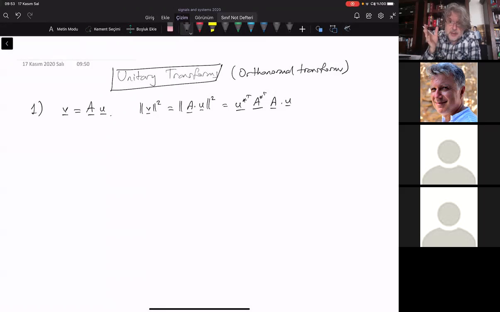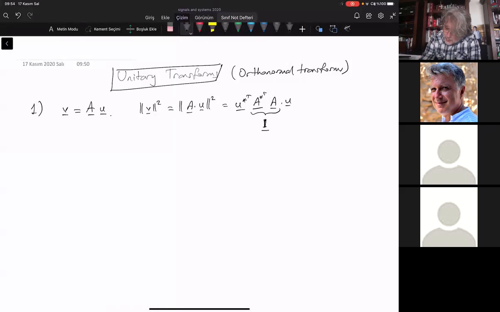They don't have to be real values. Now, here, notice this term, A conjugate transpose A. And from the definition of a unitary matrix, if A is a unitary matrix, then this is the identity matrix. And when you insert an identity matrix between a row and a column vector, that means you can just get rid of that identity.